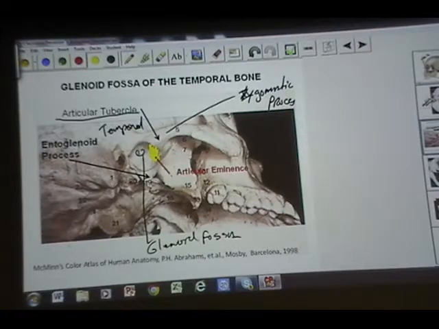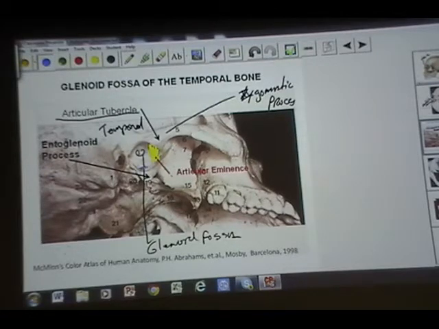This is the area of surface that the mandibular condyle articulates with in relationship to the head of the condyle and the temporal bone, okay, on the articular eminence. The tubercle is just a bump supporting a ligamentous attachment to the mandible. Let's see that.